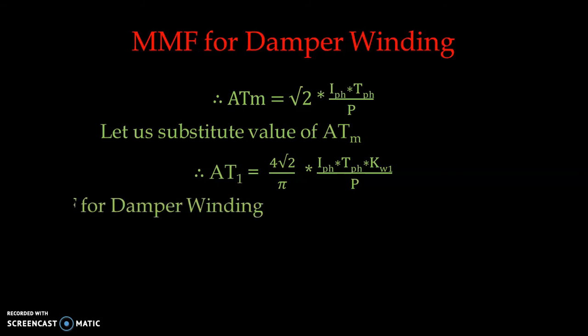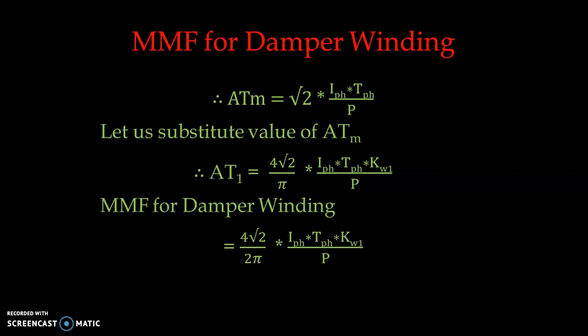So if we now consider the magnetomotive force for the damper winding, then we can take half of the magnitude as per AT1. So that comes to 4 multiplied by root 2, now divided by 2 pi, multiplied by I phase, multiplied by T phase, and multiplied by KW1 divided by number of poles P. The equation is similar, but the magnitude is now half compared to AT1.